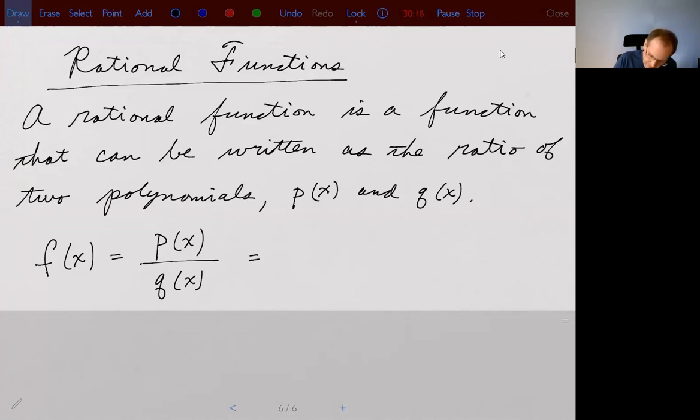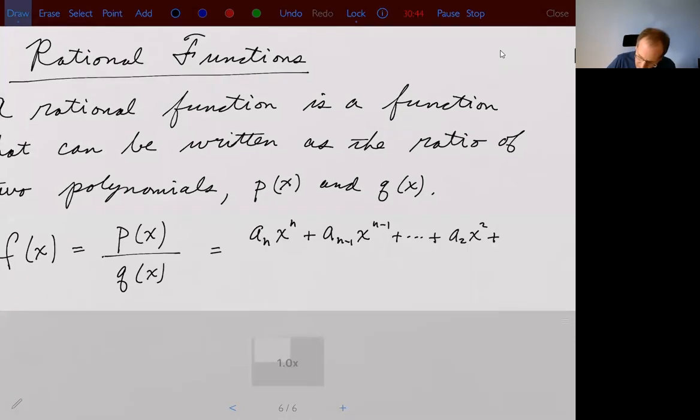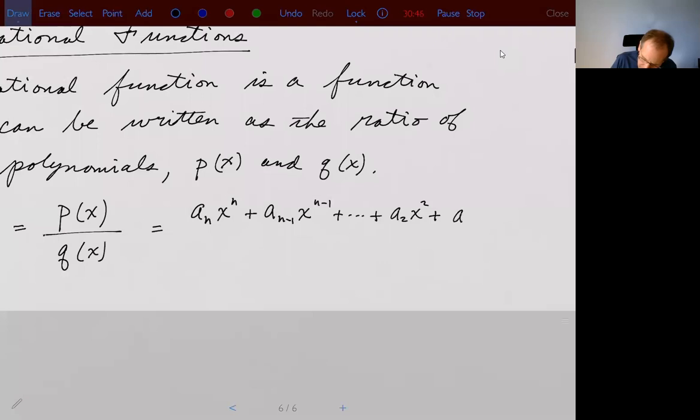I'll say a_n x to the n plus a_(n-1) x to the n minus 1 plus dot dot dot, all the way down to a_2 x squared plus a_1 x plus a constant, over another polynomial.